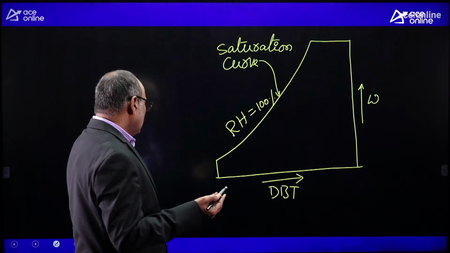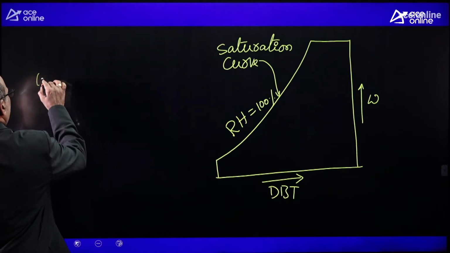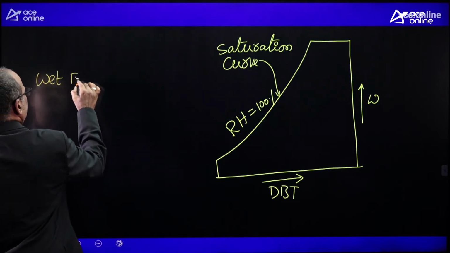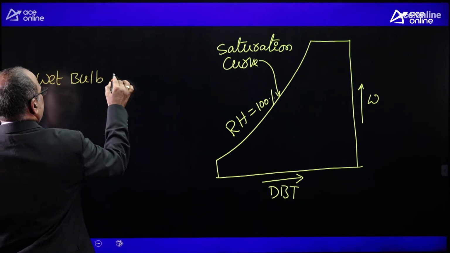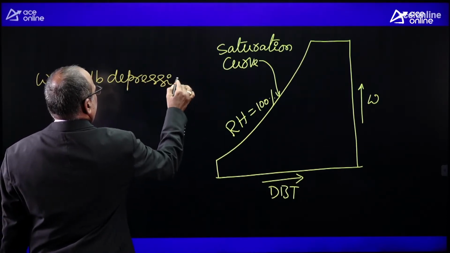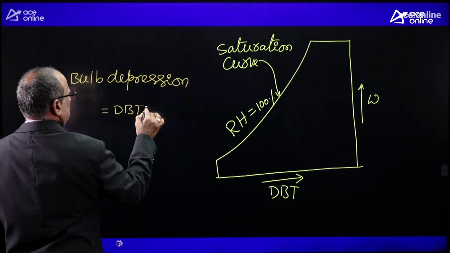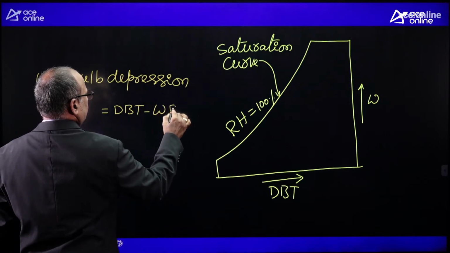Okay? Then what is the wet bulb depression? As you know, wet bulb depression is the difference between dry bulb temperature and wet bulb temperature.